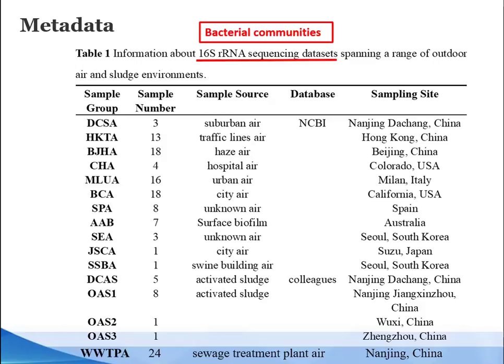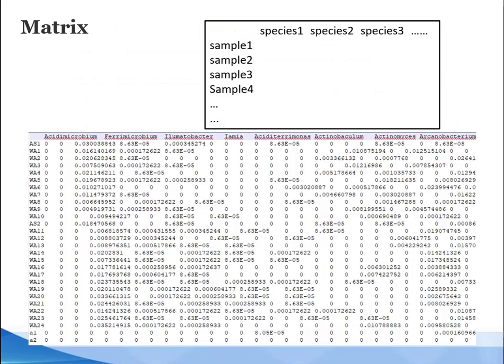The 16S rRNA sequencing data could be used to reveal the bacterial communities of the environmental samples. I will use R to visualize the dissimilarity of the microbial communities among these environmental types, and the data should be placed into a big matrix like this.